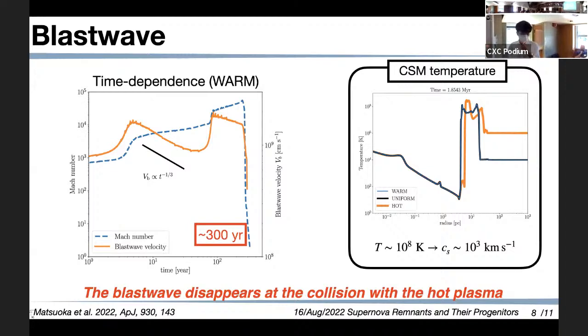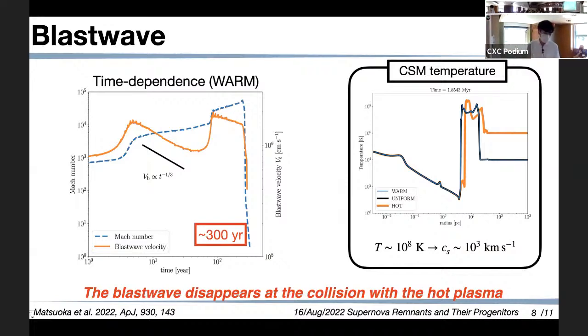And we can see that there are two timings at which the blast wave is accelerating. These timings correspond to the regions where the CSM density is rapidly decreasing. So this is physical, and this can be naturally explained.